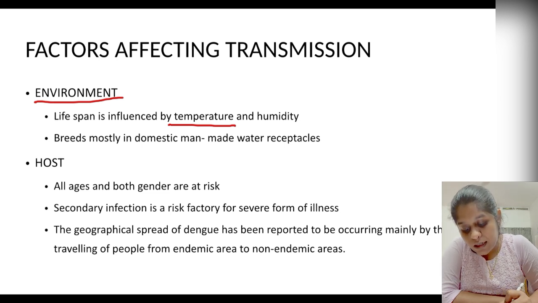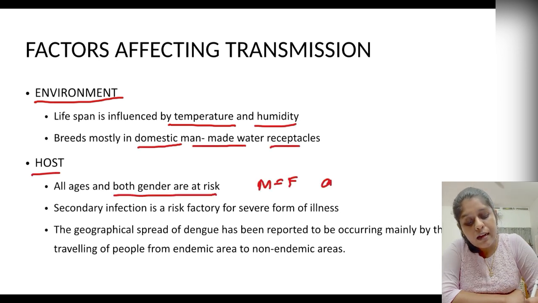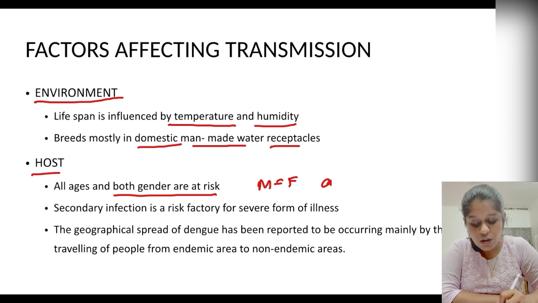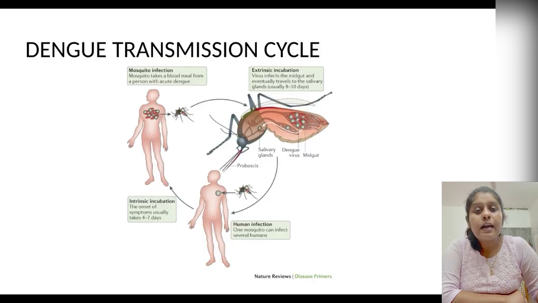It breeds mostly in domestic man-made water receptacles. Coming to the host, all ages of both genders are at risk. Both male and female are at equal risk and any age is at risk. Secondary infection is a risk factor for severe forms of illness, and the geographical spread of dengue has been reported mainly because of people traveling from one place to another.